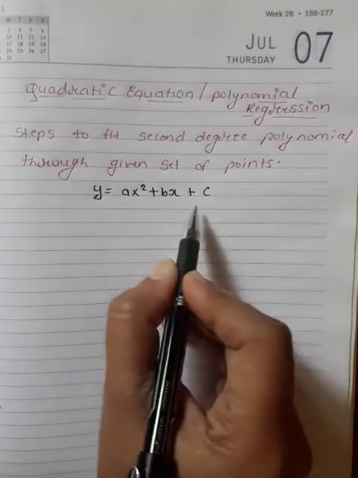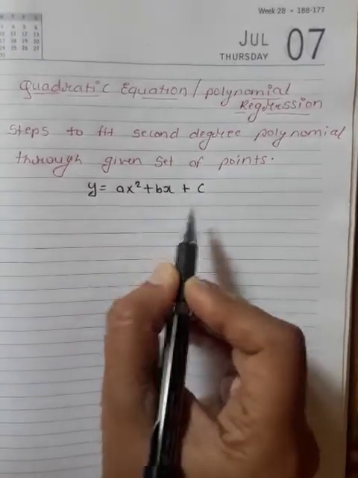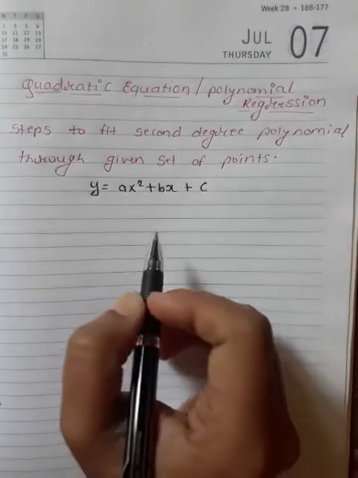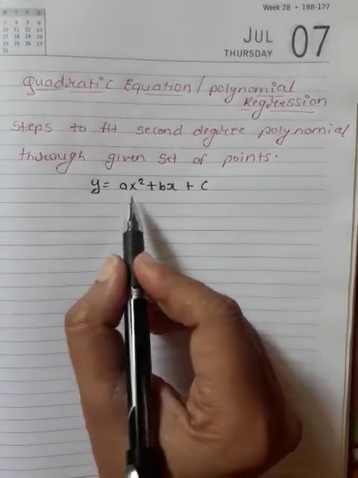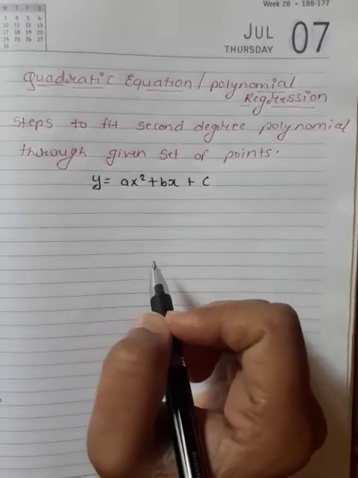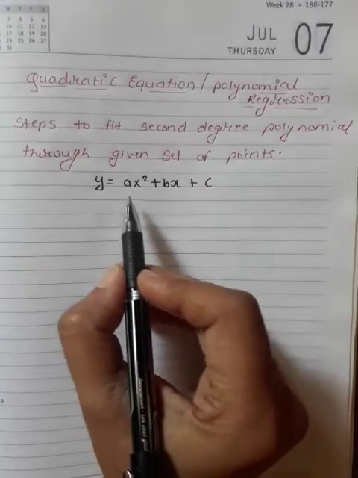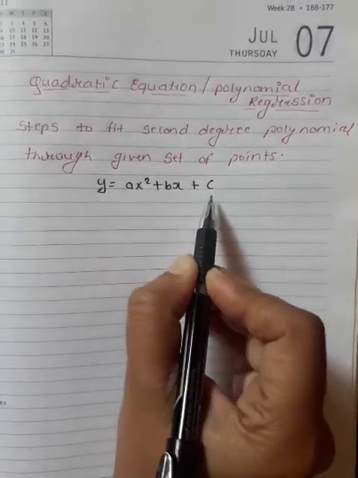If you consider this equation, there are three unknowns: a, b, and c. To find these three unknowns, we have to frame three simultaneous equations from which we can find the values of a, b and c.